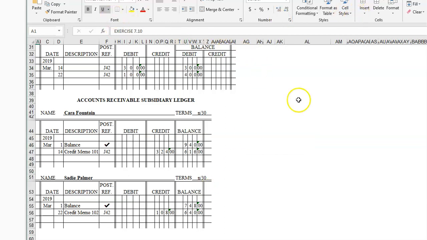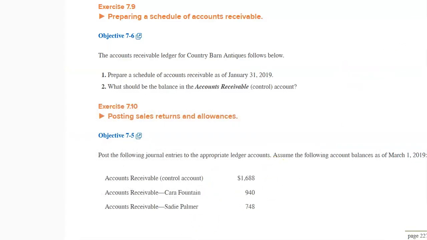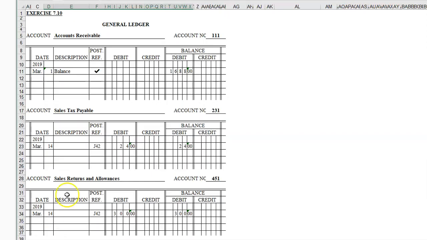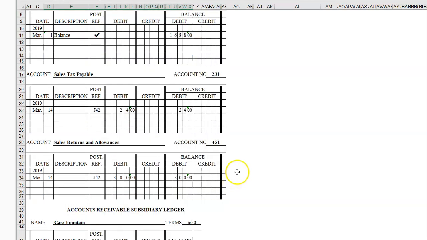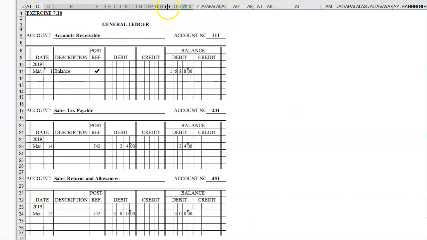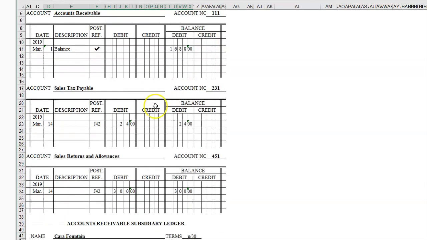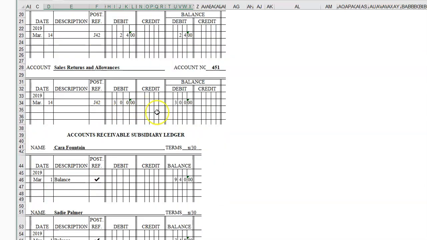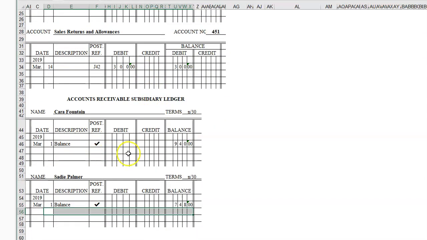I have to make sure I've got the right one up for you guys. Okay, there we go. So we have accounts receivable, sales tax payable, sales returns and allowances. And we have the ledger of each person.